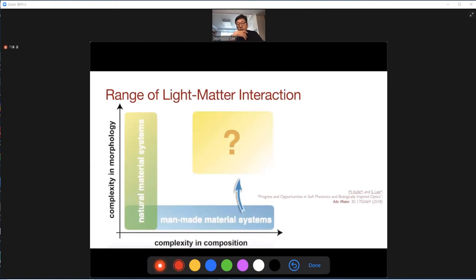In general, I believe that the accessible range of light-matter interaction tends to be proportional to two things: the complexity in composition and the complexity in morphology or structure. We already have quite a wide range of composition, ranging from metal, oxide, and polymer. However, accessible structural or morphological complexity is highly limited if we focus only on lithography, right?